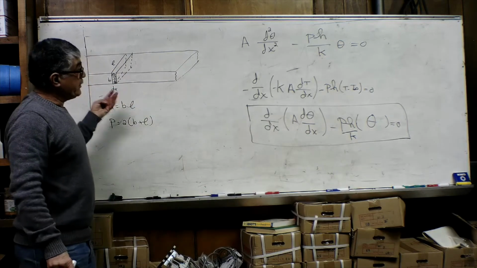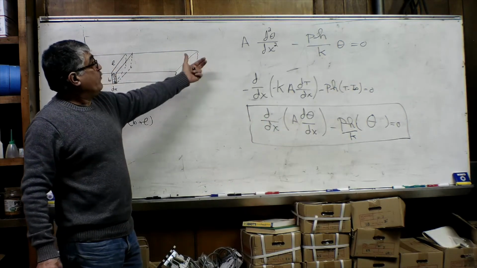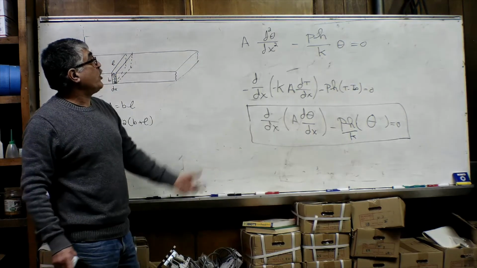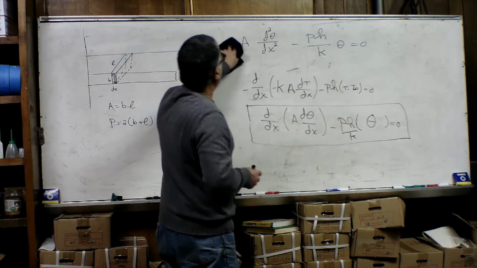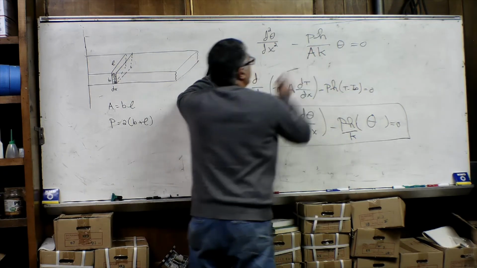So in this case, our area is constant, we take it out. Now we can again divide that equation by A. If we do that, A will cancel out here, and we are going to have A here.